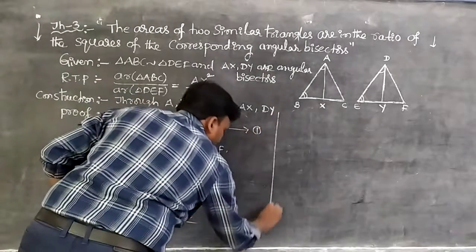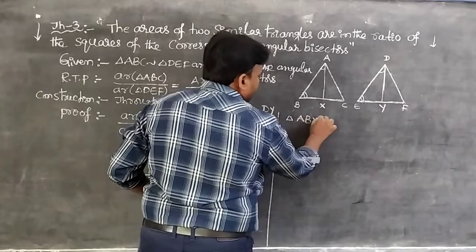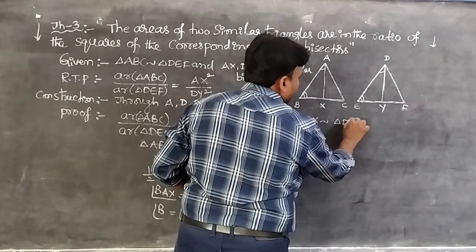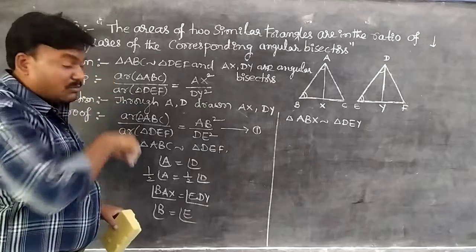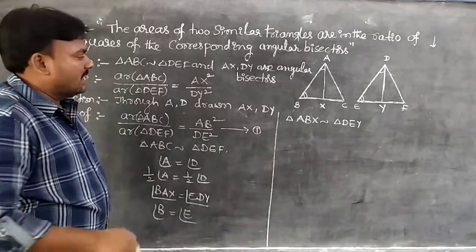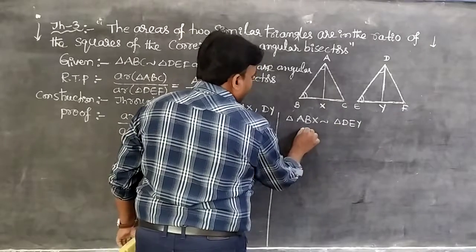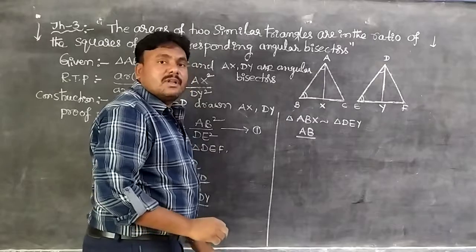Therefore, triangle ABX is similar to triangle DEY. Why? By AA similarity, both are similar to each other. And now to take these values: both are similar, which means their corresponding sides are in the same ratio.